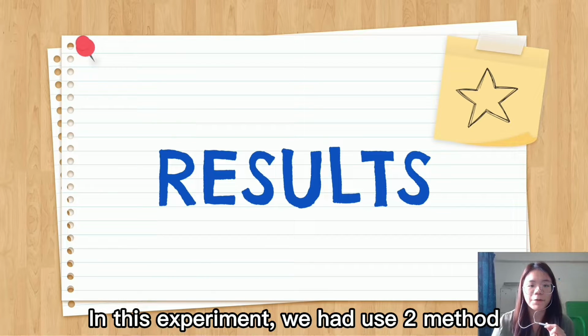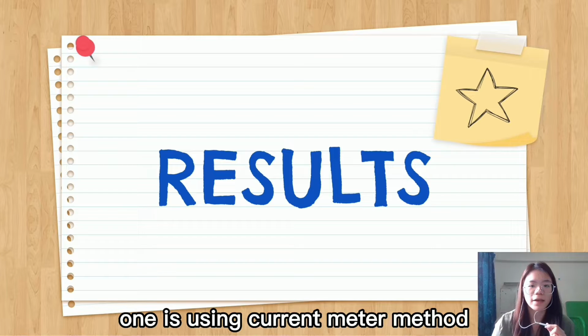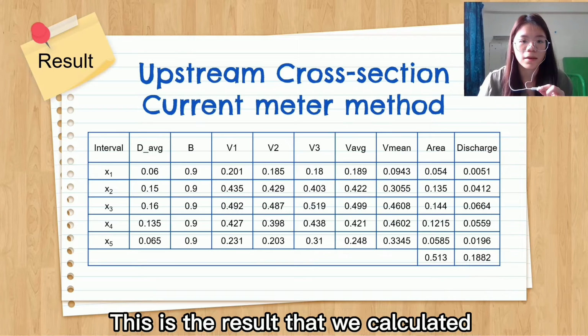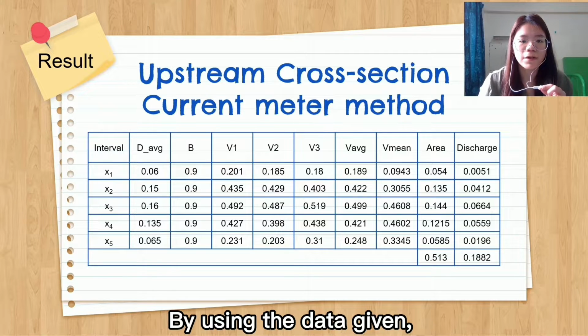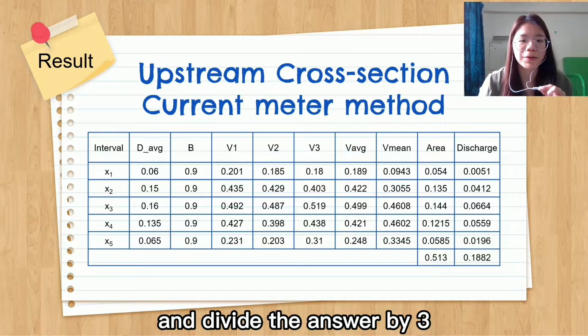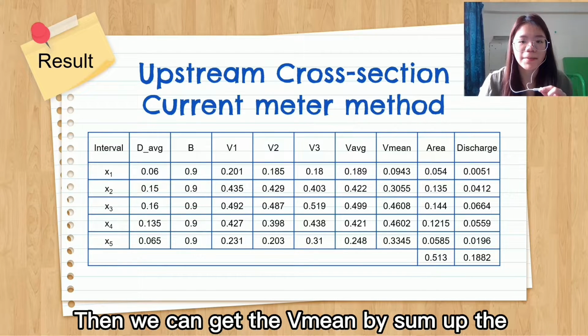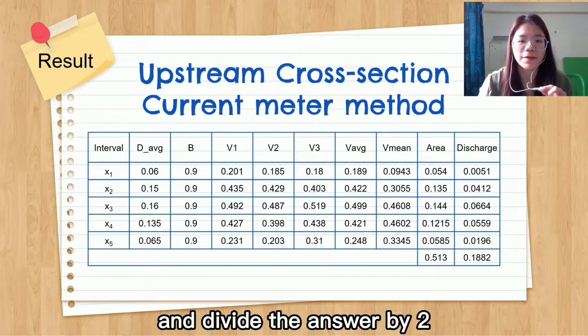In this experiment, we have used two methods to calculate the discharge of flow. One is the current meter method and one is the floating object method. This is the result that we calculated using the current meter method. By using the data given, we get V average by summing V1, V2 and V3 and dividing by 3. Then we get the V mean by summing the V average that we calculated with the V average in the previous section and dividing by 2.